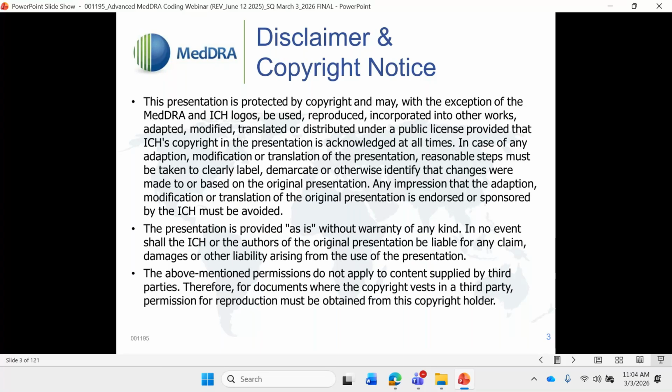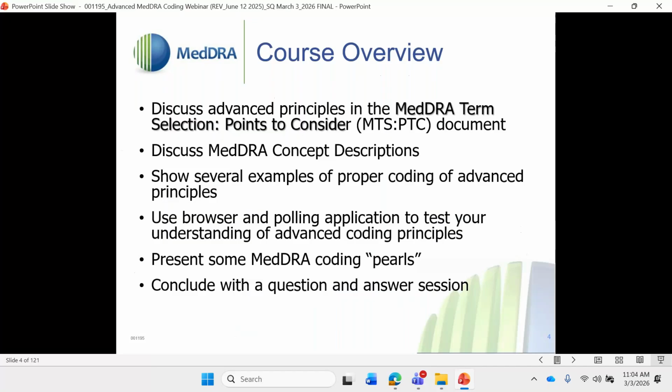So let's begin the actual presentation. Before we get into the minutia, it's good to get an overall overview of what we will cover. First of all, we're going to discuss some of the more advanced principles in the MedDRA Term Selection: Points to Consider, or PTC, document.